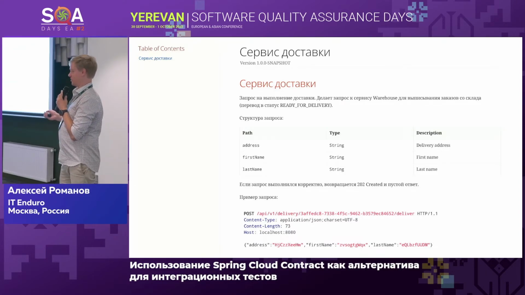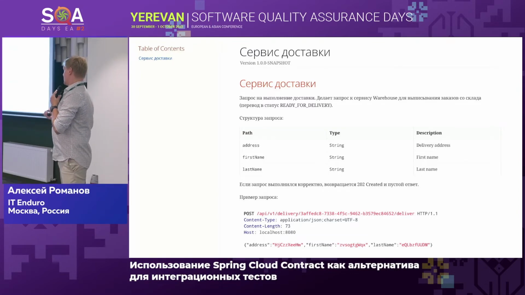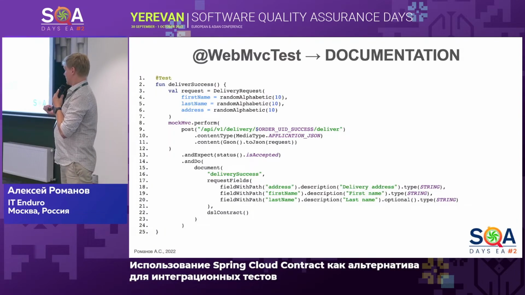If you've never familiarized with the Spring documentation, this is how this template looks. There may be some edit snippets as well. Basically, what they do is they generate documentation.